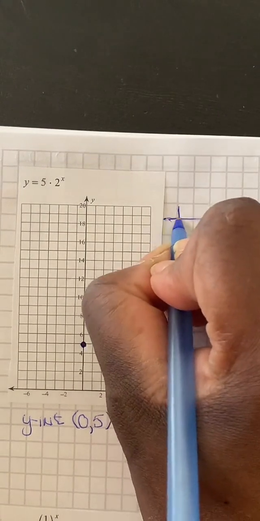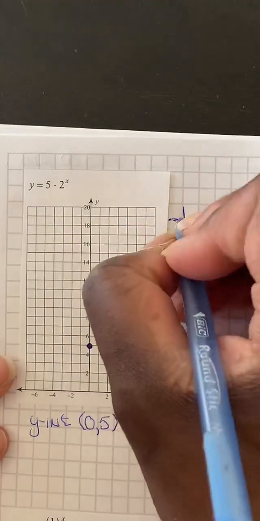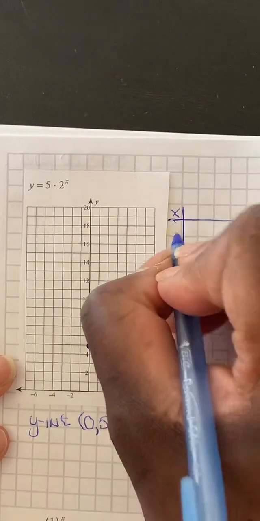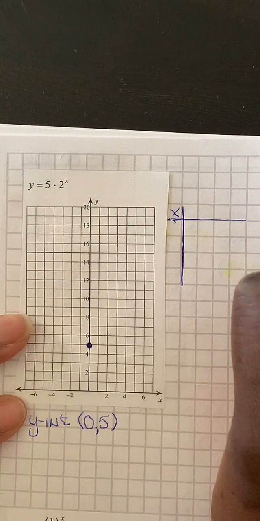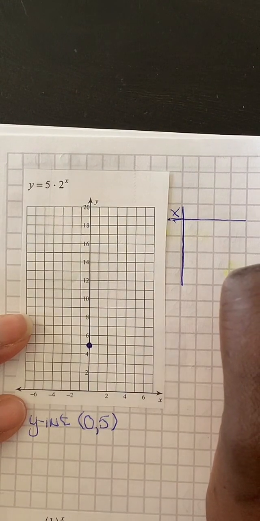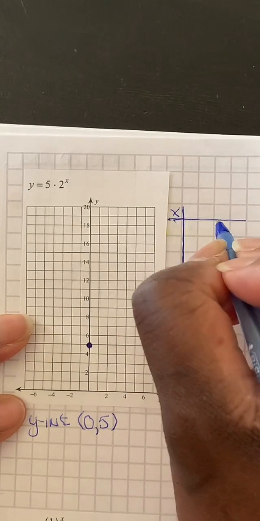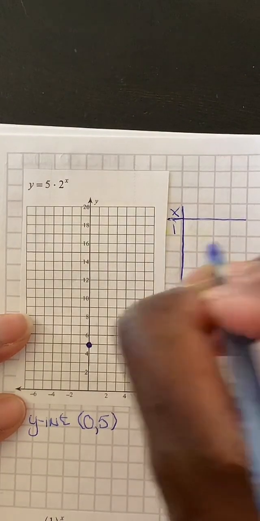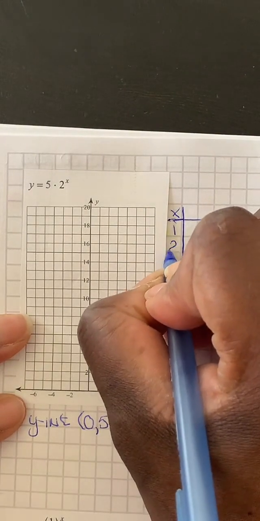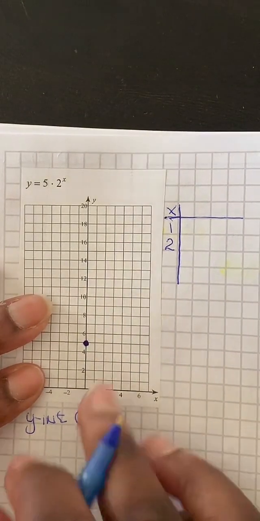Since we already have the 0, let's use +1 and +2. And there's a reason why.